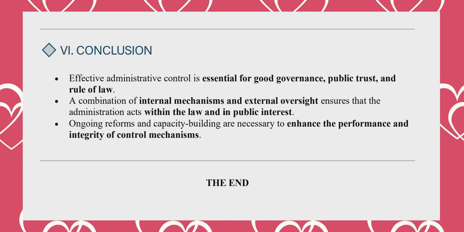Internal control could be direct control, otherwise known as hierarchical control, or supervisory control. Under external control, we said it can be judicial control, parliamentary control, or control by civil society. We looked at the objective of administrative control, then the limitations that come with it, and we have just looked at the legal framework of administrative control in Cameroon.